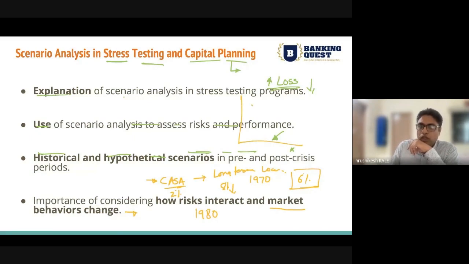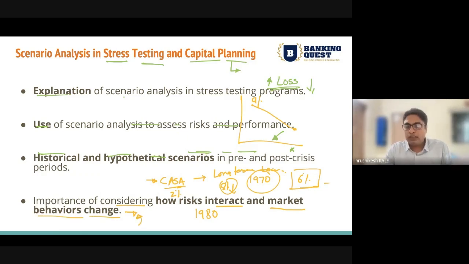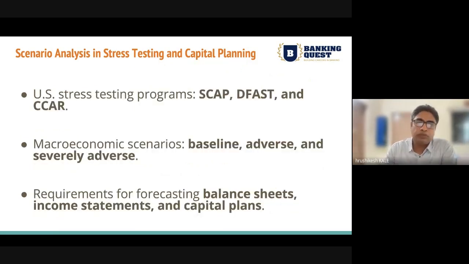So short-term rates were high and long-term rates were low. But unfortunately, they had already given long-term loans at 8% and the short-term rate became 9%. So banks started losing money. We will see. So that's very important to consider how risks interact and how market behavior changes. Market behavior changes very quickly, especially in the banking sector.